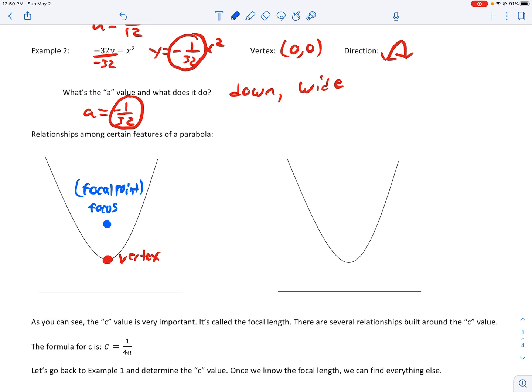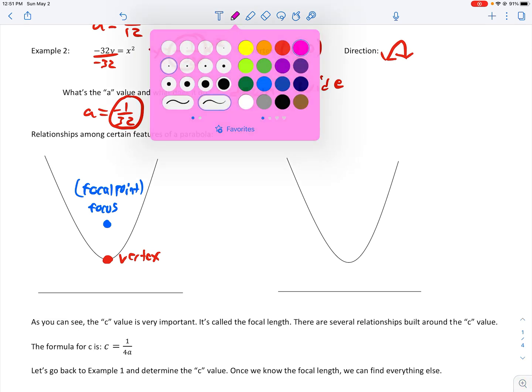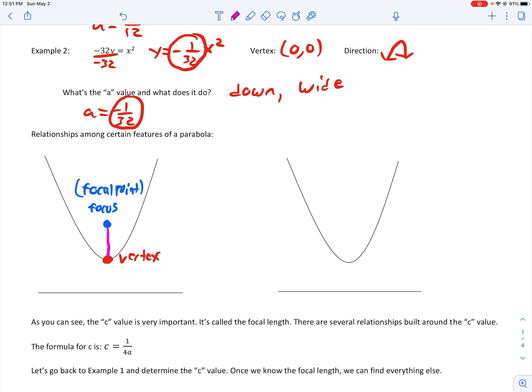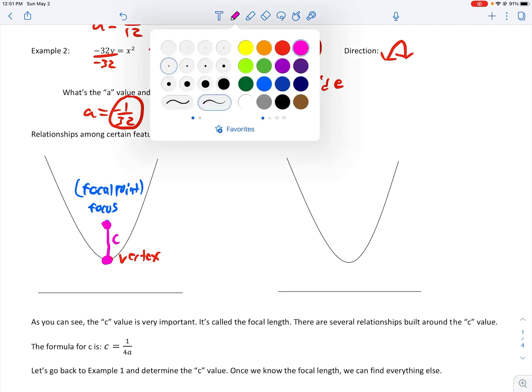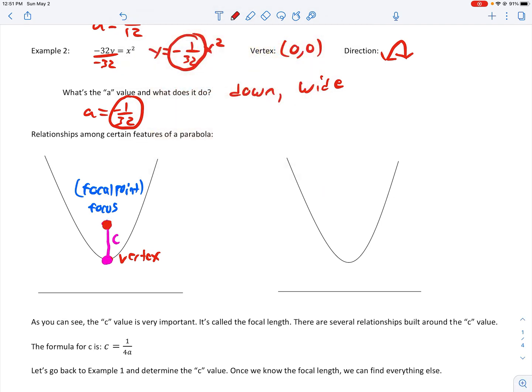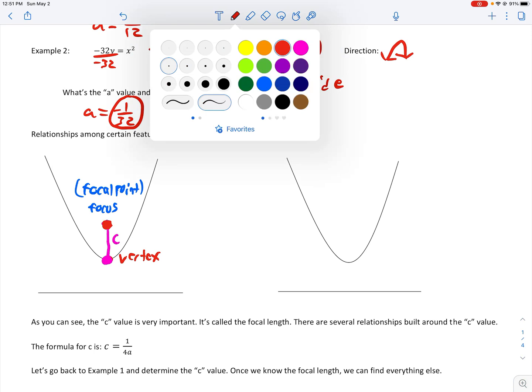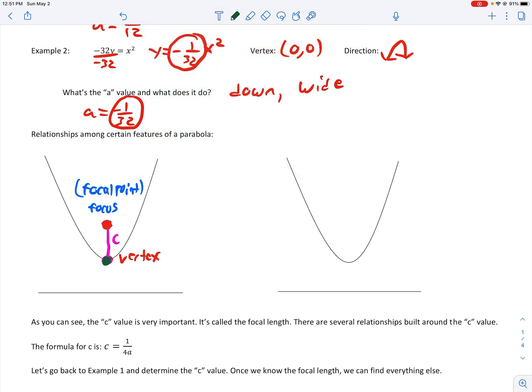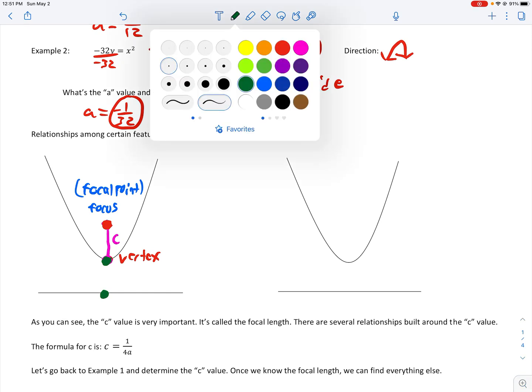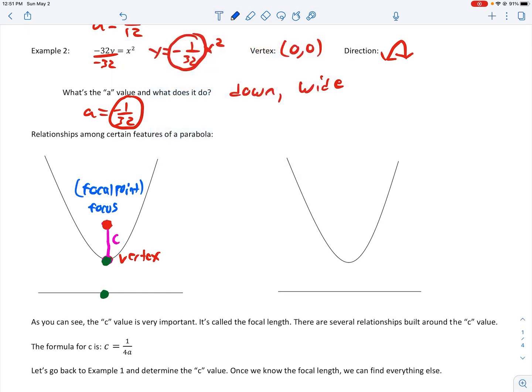The distance from that point, the focus, to the vertex, we're going to call c. That distance between the focus, which is the red dot, and the vertex, which is the green dot, is a distance of c. The distance from the vertex down to this line is also c.